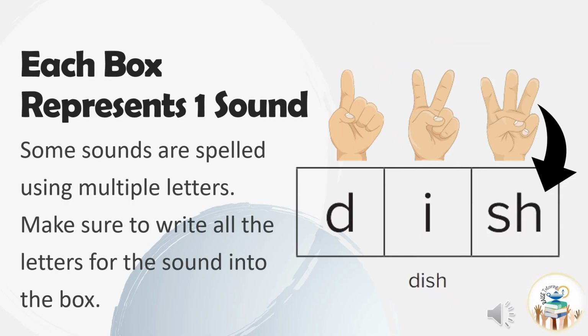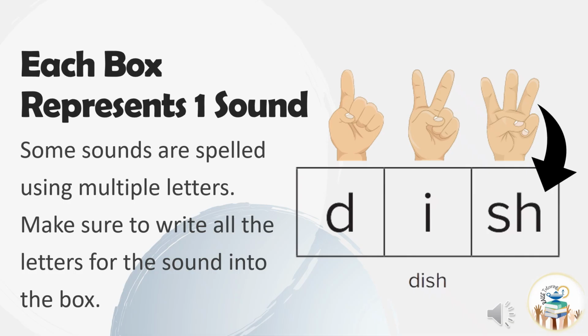One important consideration when you're using sound boxes is that each box is representing a single sound. And you have to remember that some sounds are spelled using multiple letters. So for example, you can spell the A sound using the letter A, or using the letters AI, or using the letters EIGH.